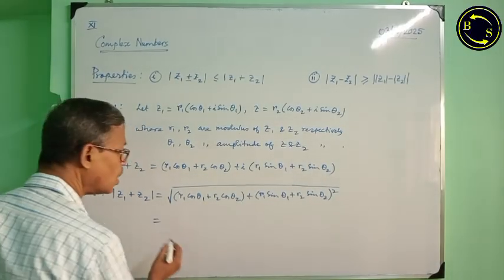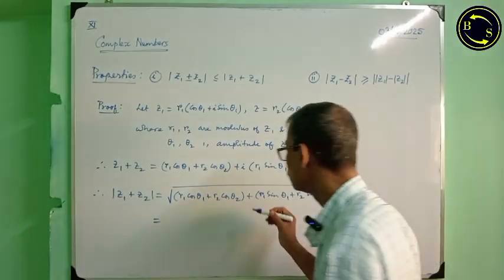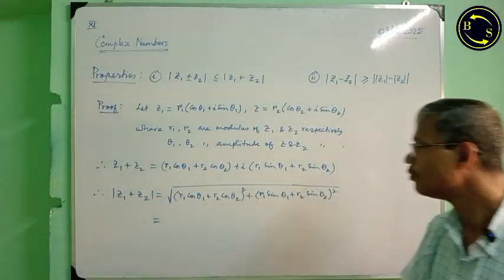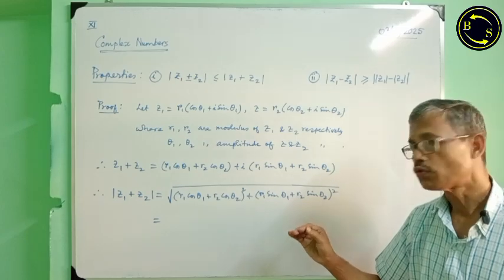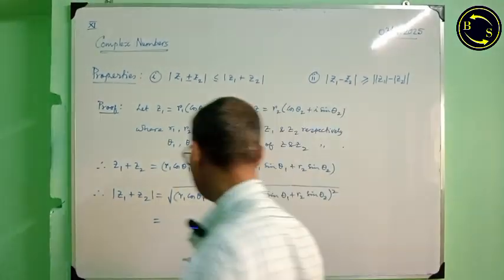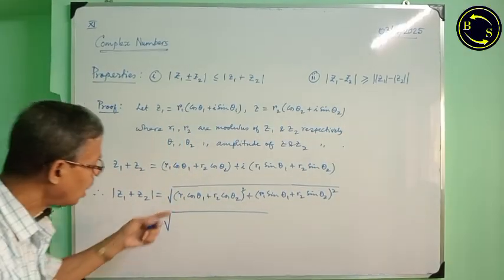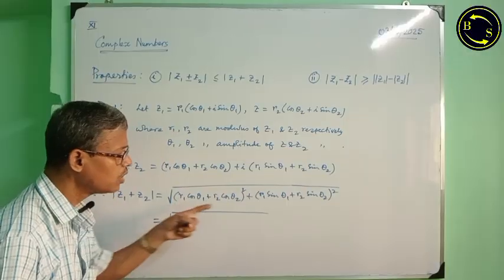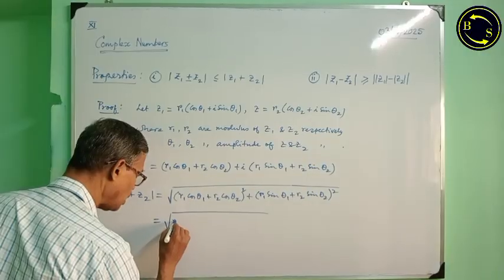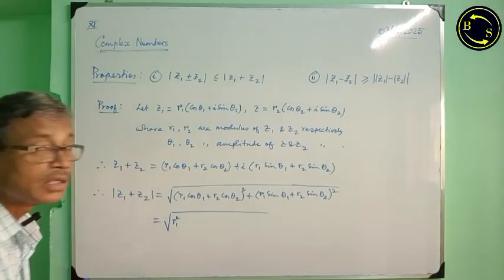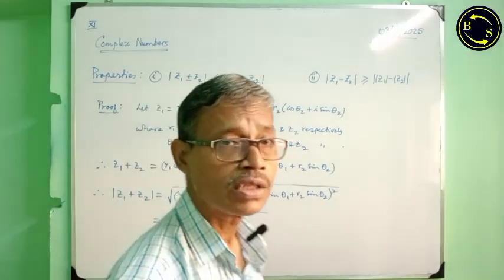Now if I square both the expressions, then I take the r1 square terms together, then the r2 terms together, so that r1 square cos square theta 1 plus r1 square sin square theta 1, taking r1 square as common factor, will be equal to r1 square within brackets cos square theta 1 plus sin square theta 1, that is 1.